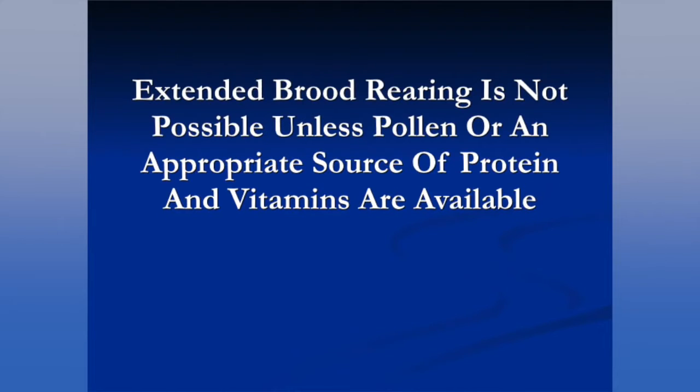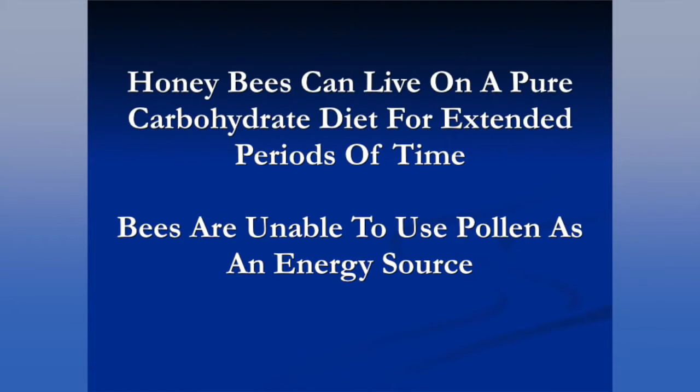I think from the first presentation tonight, it should become evident that extended brood rearing is not possible unless pollen or an appropriate source of protein and vitamins are available. As we said, they can live on pure carbohydrates for an extended period of time, but they cannot use pollen as an energy source.